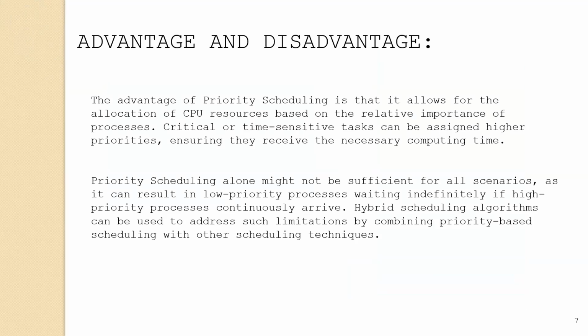However, priority scheduling alone might not be sufficient for all scenarios. It can result in low priority processes waiting indefinitely if high priority processes continuously arrive. To resolve this problem, hybrid scheduling algorithms can be used to address such limitations by combining priority-based scheduling with other scheduling techniques.